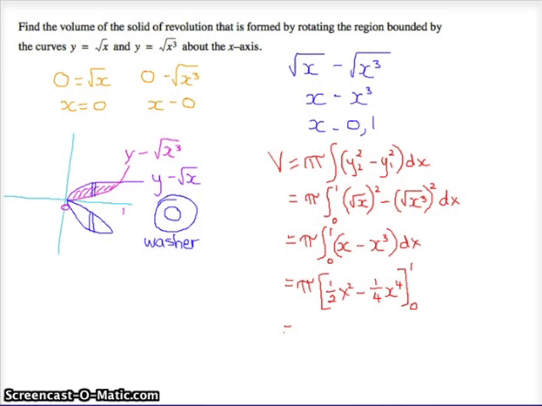Okay, so now we need to substitute our values in. Pi will continue to stay at the front, and we substitute the upper one first, which is 1, so we've got a half times 1, so it's just a half, minus a quarter times 1, and then we substitute the lower limit, and everything there is going to be 0.